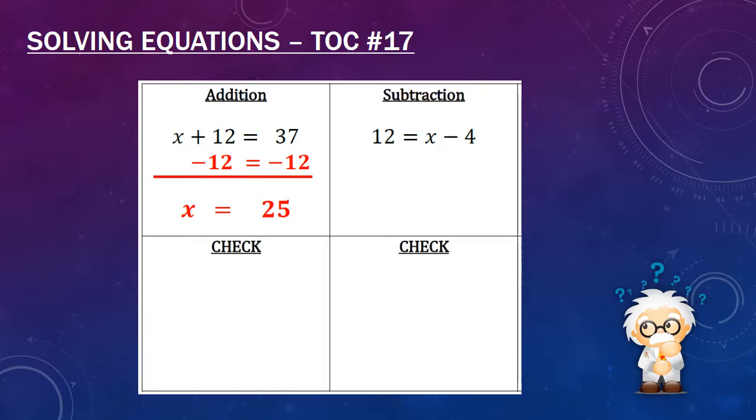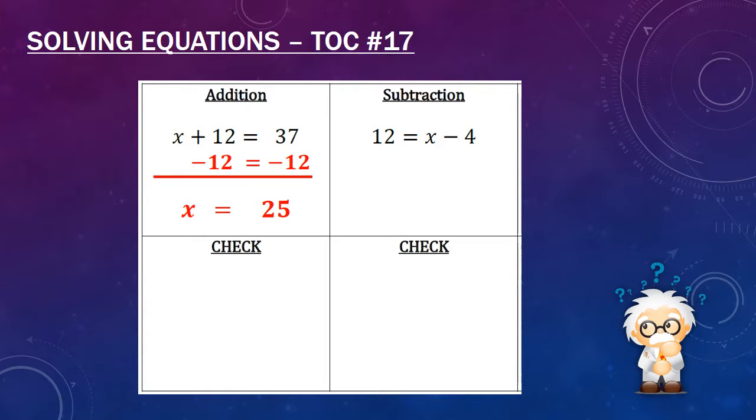However, with algebra, there is a nice little trick that allows you to never, ever miss one if you do this correctly. It's called the check step. And if you see down below, I'm going to show you how to do it. What you do is you take the original problem, x plus 12 equals 37, and instead of putting x, I'm now going to replace it with what I got for the answer.